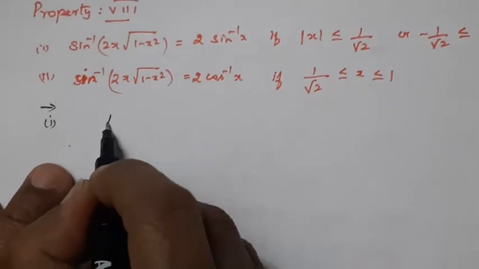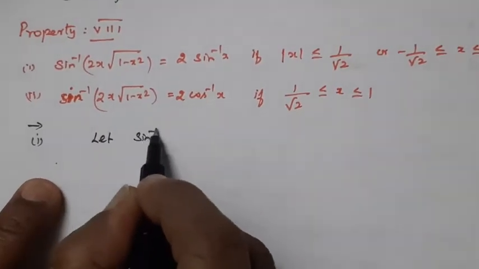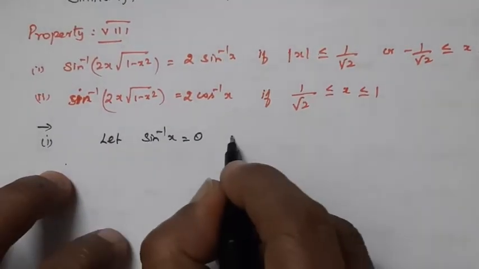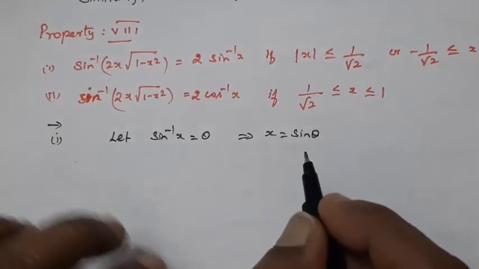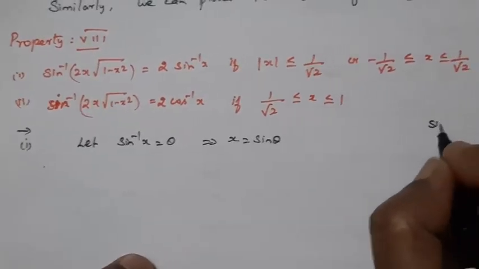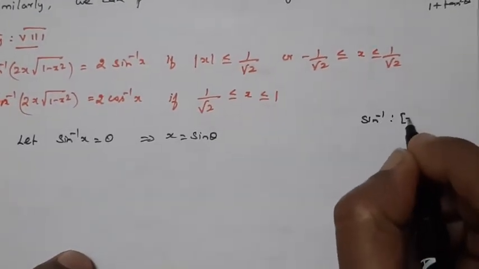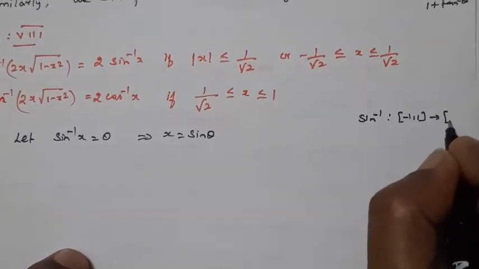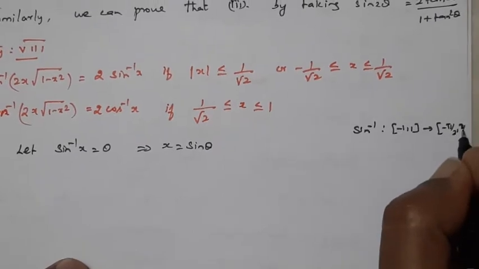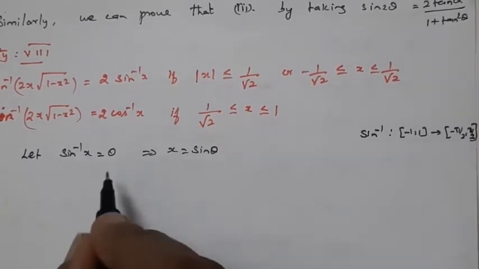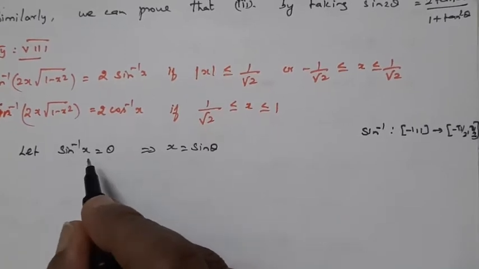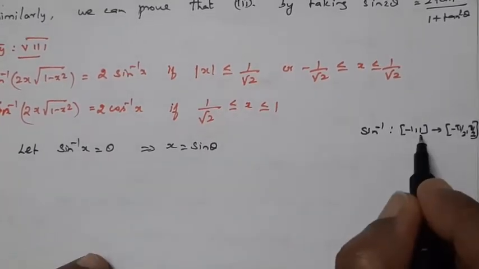To prove this, let us take sin inverse of x is equal to theta. So, by definition, we have x is equal to sin theta. You know that for sin inverse, the domain must be minus 1 to 1 and the range is minus pi by 2 to pi by 2. To define sin inverse of x to be well defined, x should belong to minus 1 comma 1.